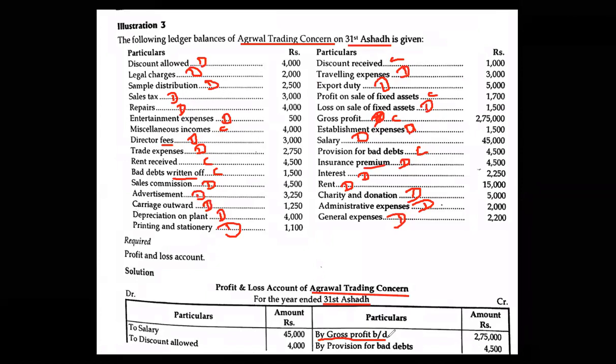Whether it is expenses or loss, it goes on the debit side, and profit and income are given on the credit side. Any problem, Daniel?